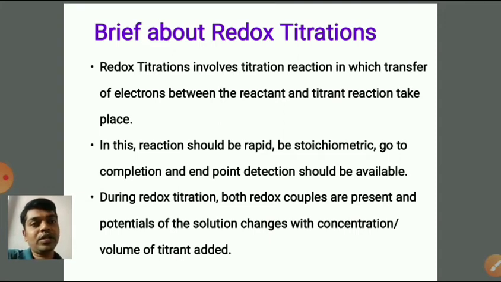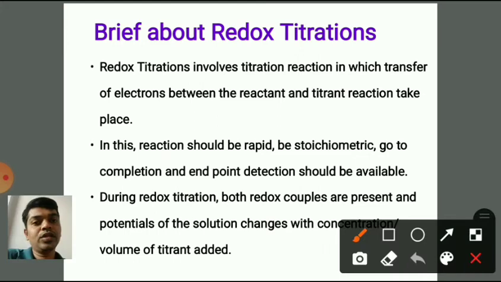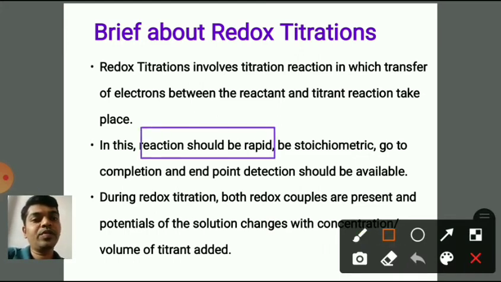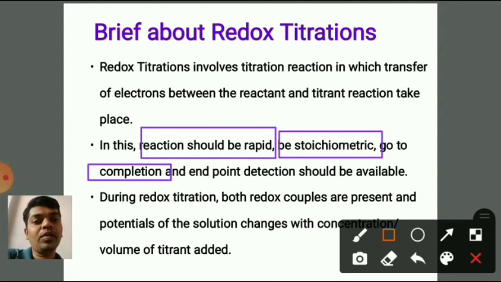In a redox titration, the reaction should be rapid. That means the reaction must be very fast, it should be stoichiometric, and the reaction must go to completion, and the endpoint detection should be available.